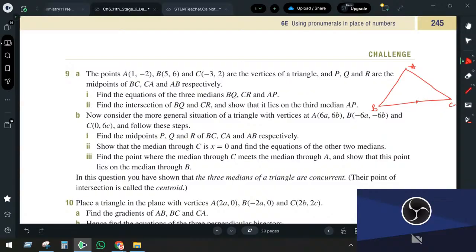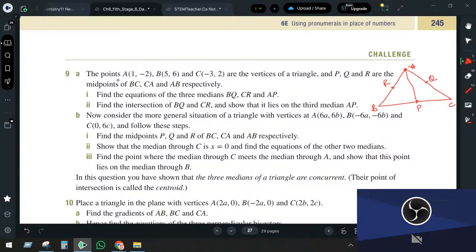This is the midpoint of BC, CA is Q, and AB is R. Median means a line. Median is a line from a vertex to the midpoint of the opposite side.